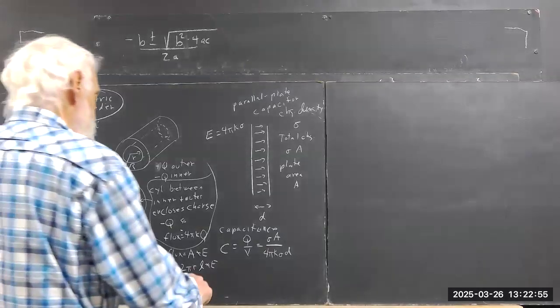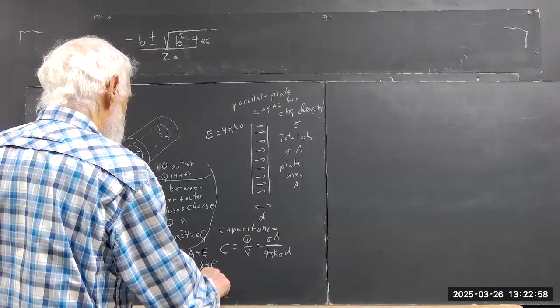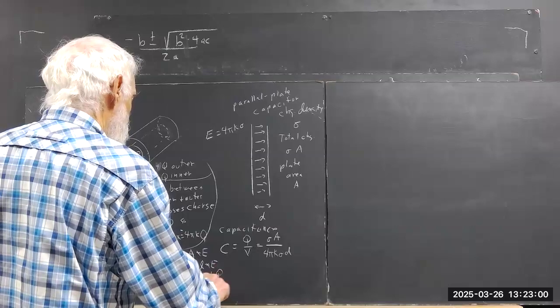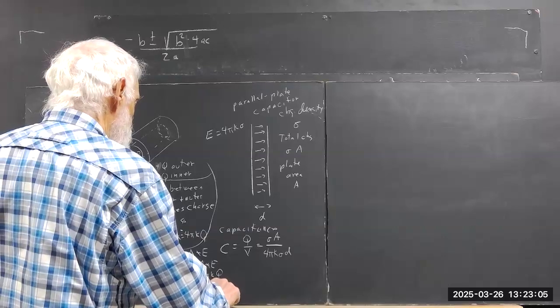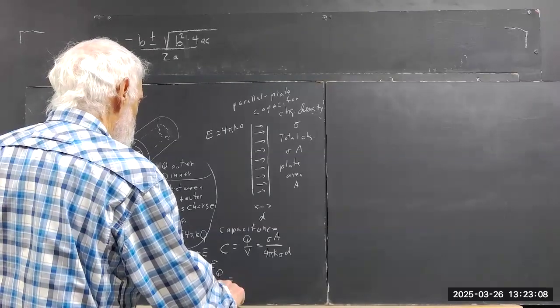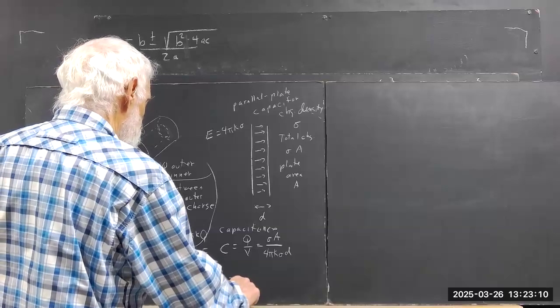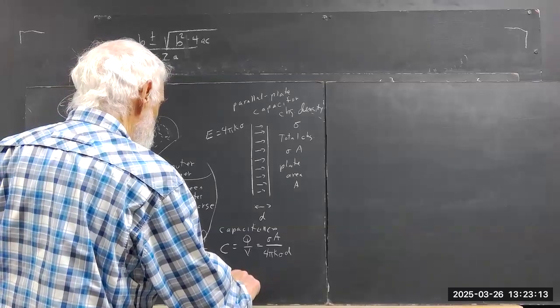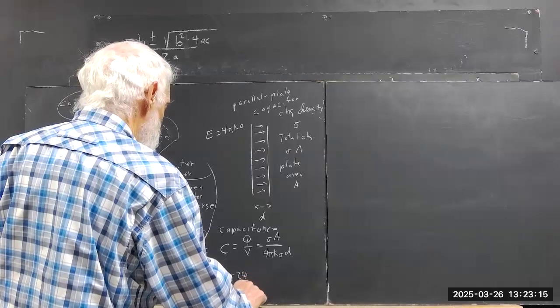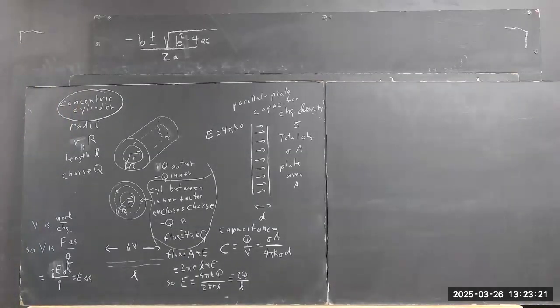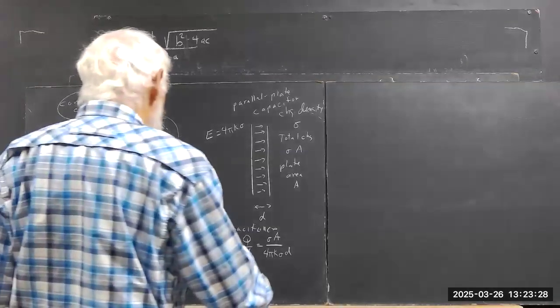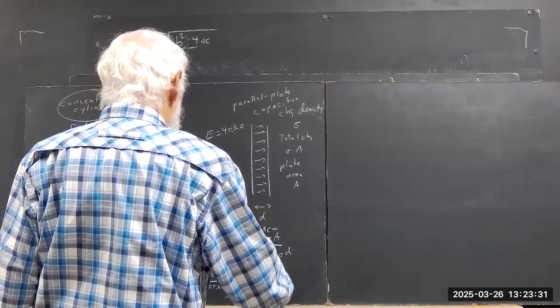So what's E? It's negative 4 pi kq over 2 pi RL, which then equals negative 2kq over RL. What's wrong with the units? Oh yeah, 2k. Never mind.